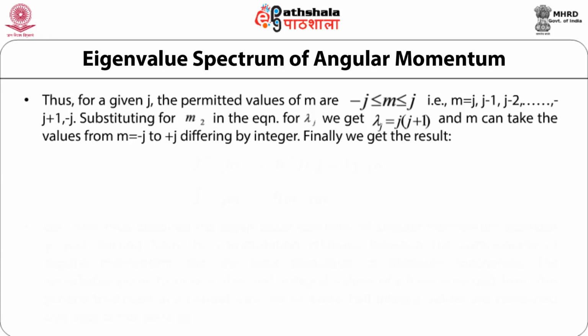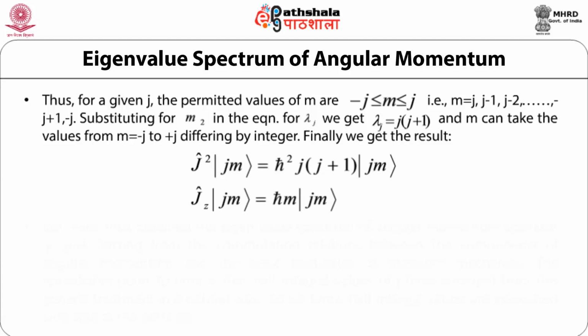Finally, we get the result: operator J square acting on the state |j,m> yields h cross square times j times (j plus 1) times state |j,m>, where h cross square times j (j plus 1) is the eigenvalue corresponding to the operator J square and the eigenstate |j,m>, while the operator Jz acting on the state |j,m> yields h cross times m times state |j,m>, where h cross times m is the eigenvalue for the operator Jz acting on the eigenstate |j,m>.